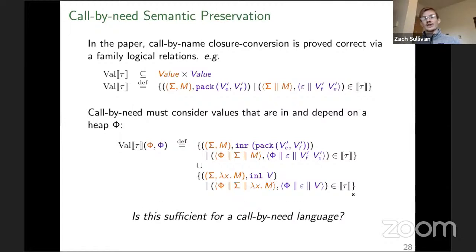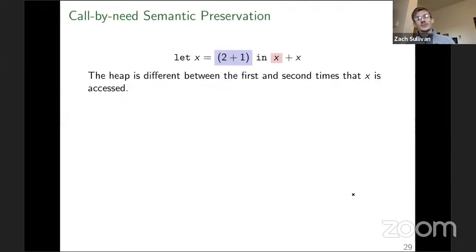Is this sufficient for proving call by need correct? No, because we need to reason about updating. The first time we evaluate X, it is a thunk, but the second time we evaluate X it's a value. So we need to reason about when we put something in the heap, we need to know that it's true now and after it is updated.